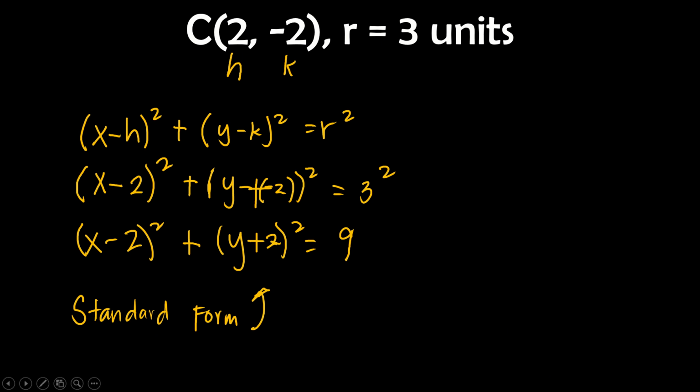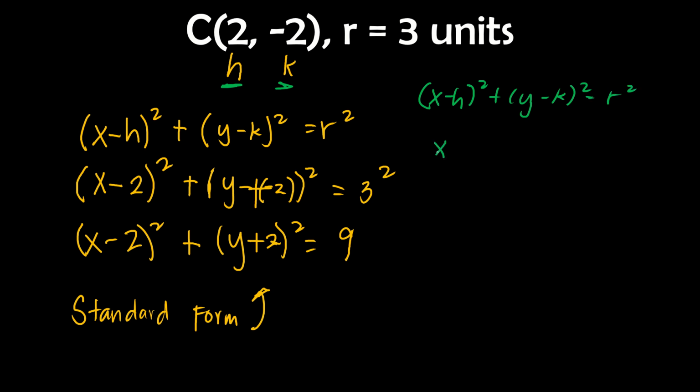Alam natin, ang kapartner lagi ni x ay si h, kapartner lagi ni k ay si y. Diba? So, kapag gagawin natin yung equation ng circle, alam natin, diba, we have x minus h squared plus y minus k squared is equal to r squared.